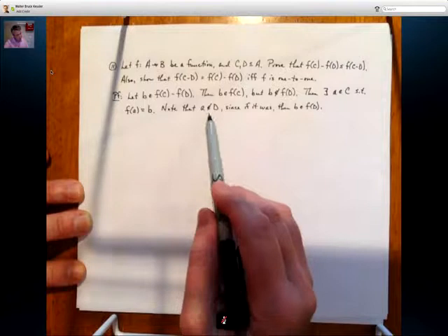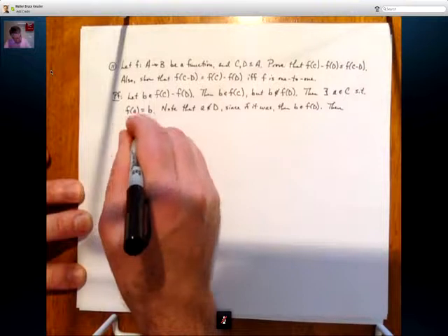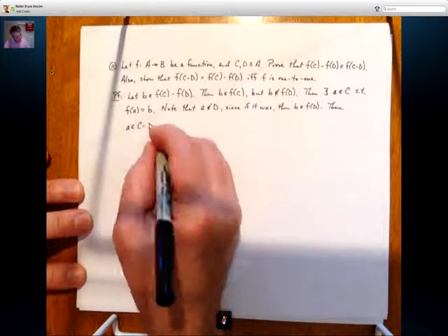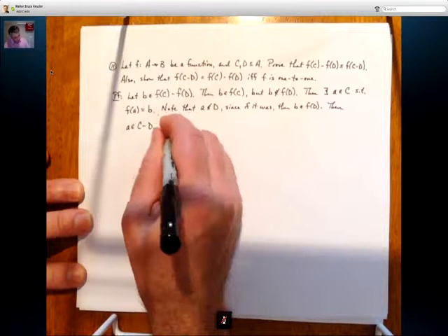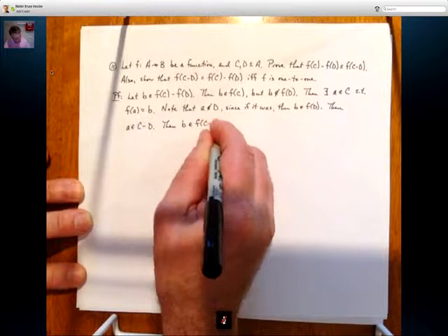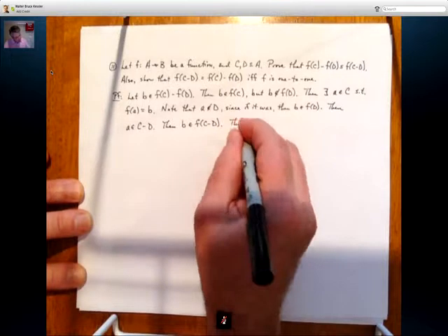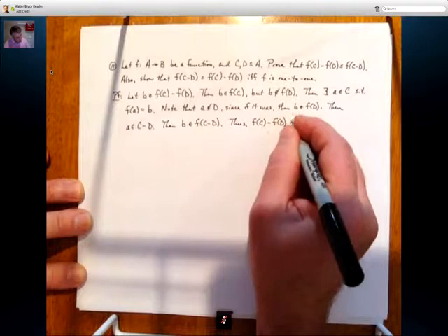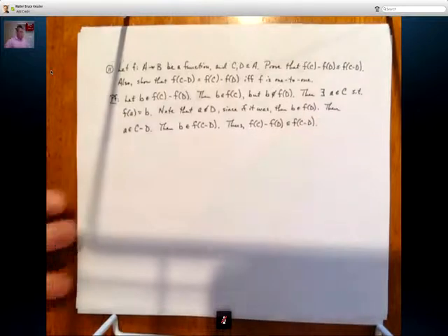So A is in C, but not in D. Then A is in C minus D. And that means that this B is in the image of C minus D. And so I started with something there, showed it's here. Thus, f of C minus f of D is a subset of f of C minus D.